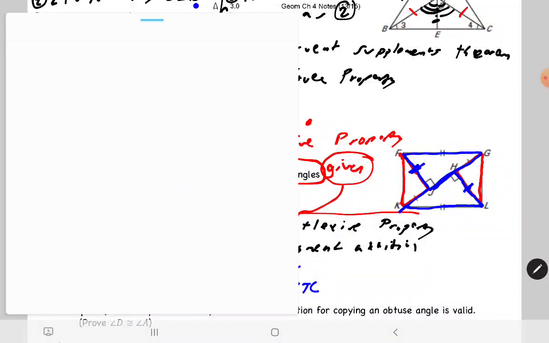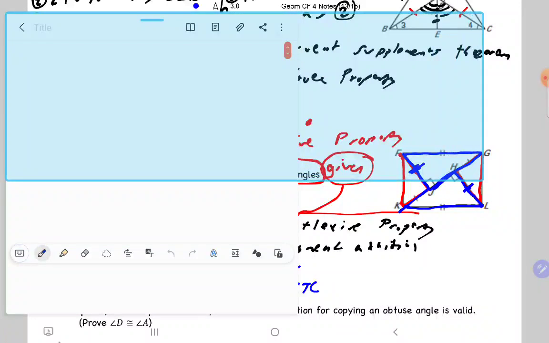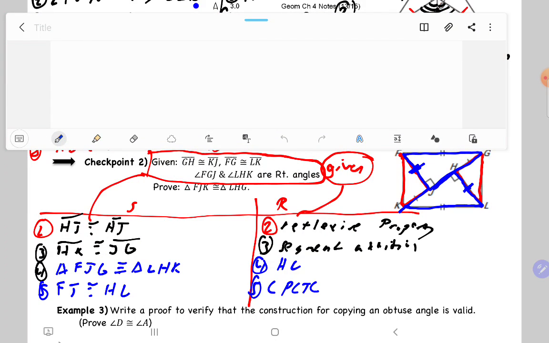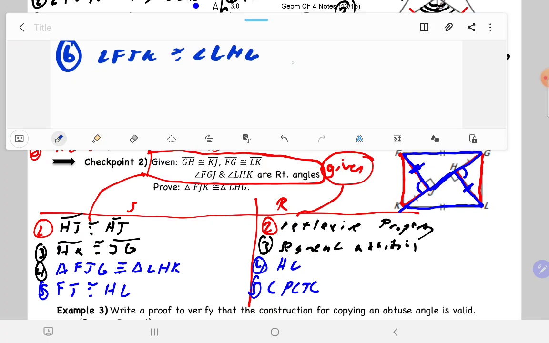And then, to put the rest on here, sadly, maybe. So 6. So we're looking at this angle here and that angle here. Angle FJK is congruent to angle LHG.